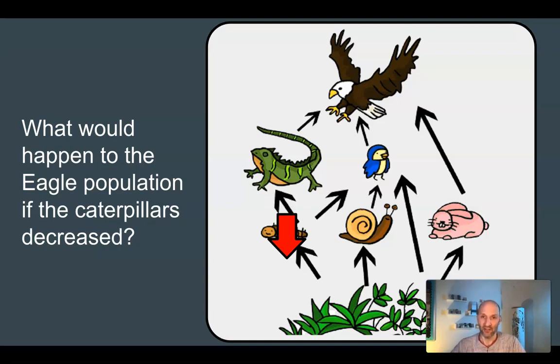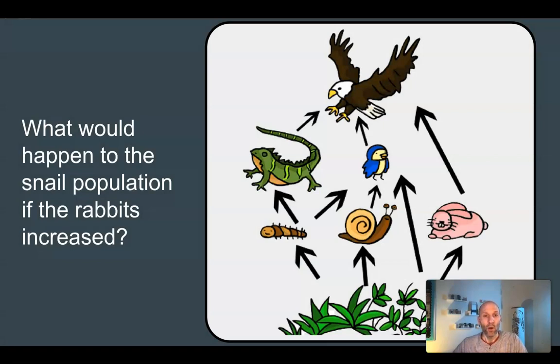If the caterpillars decreased, then the lizard population would also decrease, which means that the eagle population would also decrease. We normally don't think that something like a caterpillar could impact something like an eagle because eagles don't eat caterpillars, but they're connected through the food web.